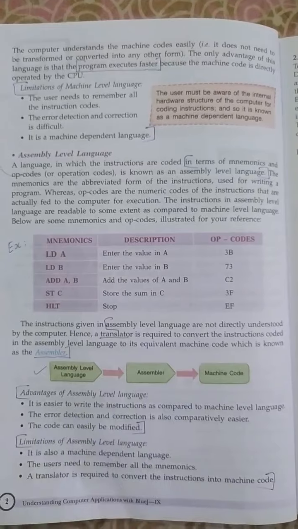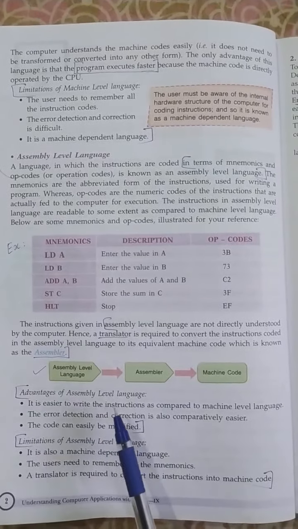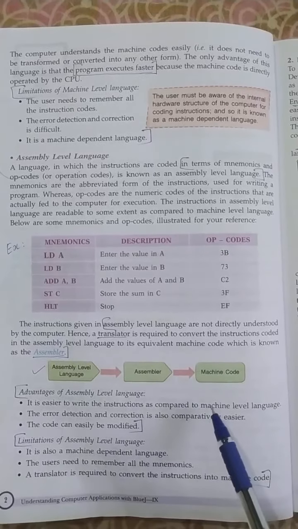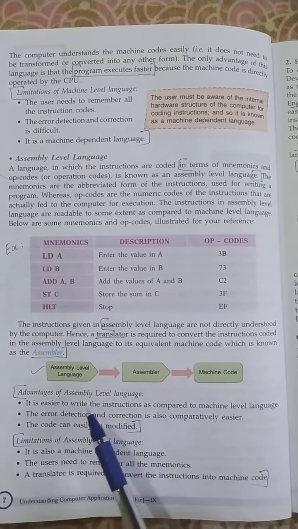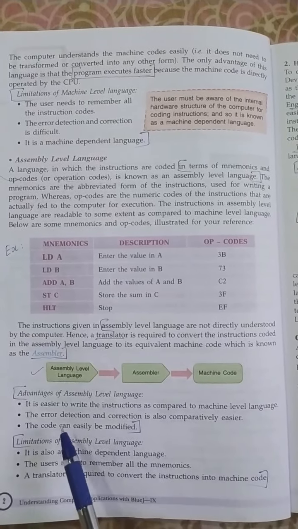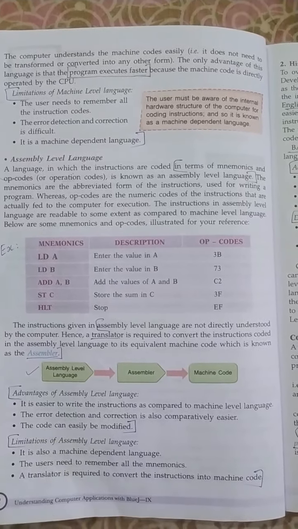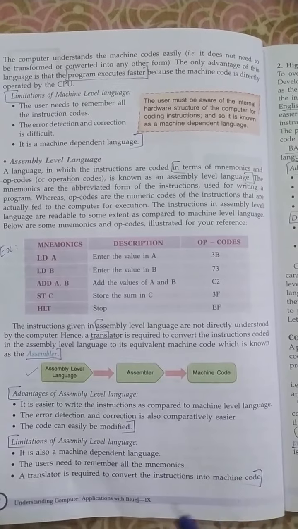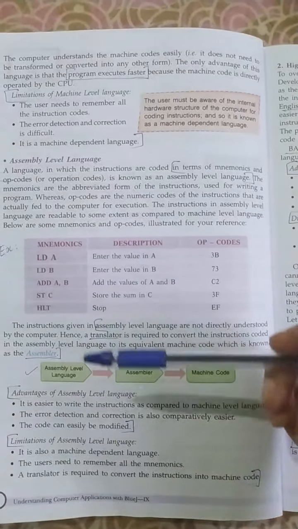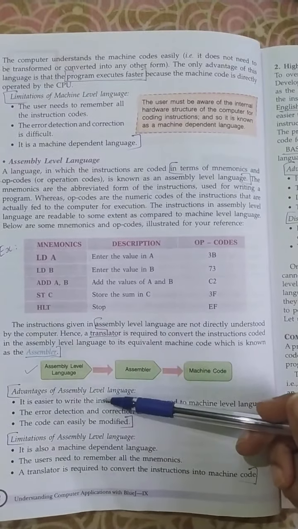So the advantage is it is very easy to write the instructions when we compare to the previous category, that means machine level language. And detection and correction will be very easy, and code can easily be modified. We don't need to remember all those forms in zeros and ones. So comparatively it is very easy to maintain.